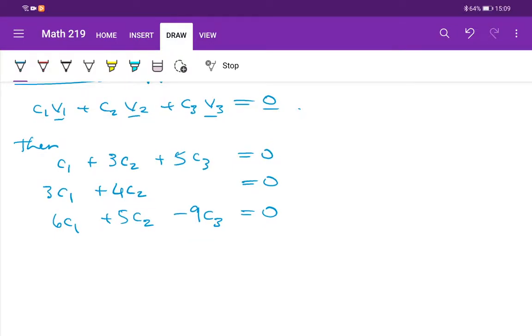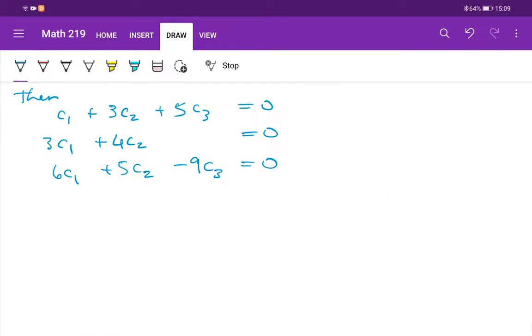So this vector equation corresponds to these three equations. This is a homogeneous 3 by 3 system of equations, and we know how to do these by now, so we can look for all solutions of this.